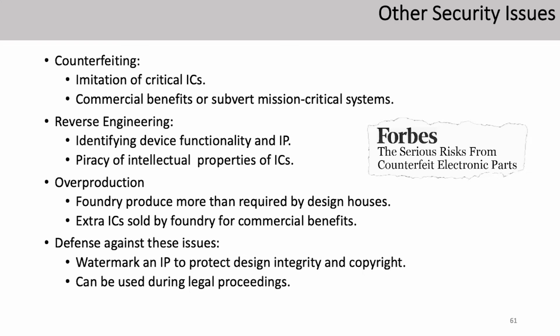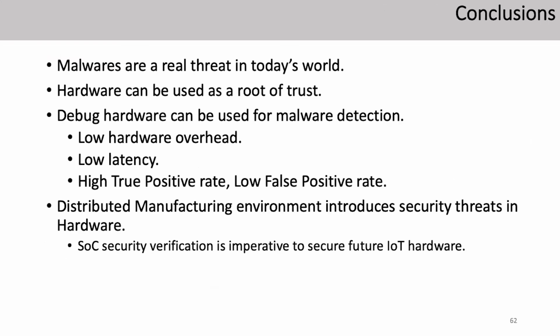A lot of companies are fabless these days. So, if you use a third-party foundry and you ask the foundry to make you 1,000 copies of a chip, the foundry makes 2,000 copies. It gives you back 1,000, and it uses the rest of the 1,000 for its own benefit, right? How do we prevent against that? We propose something called watermarking, IP watermarking, which can be used to protect design integrity and copyright. It can be used during legal proceedings as well.